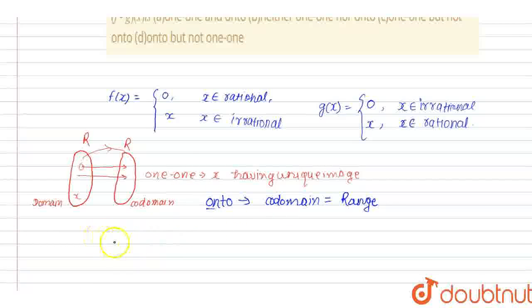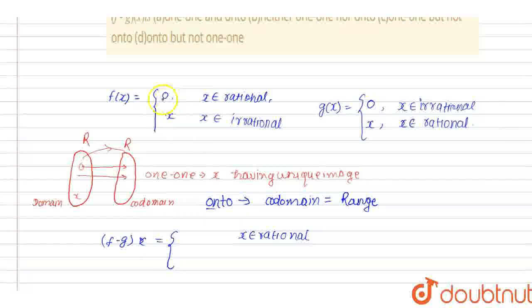Now we find f minus g of x. If x belongs to the rationals, then f of x is 0, and we put minus g of x, which is x in the rational part.